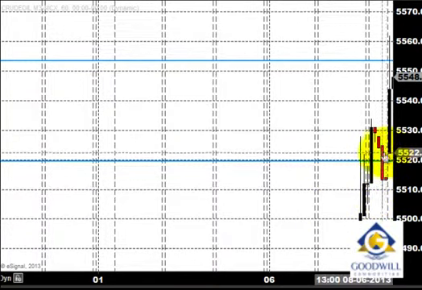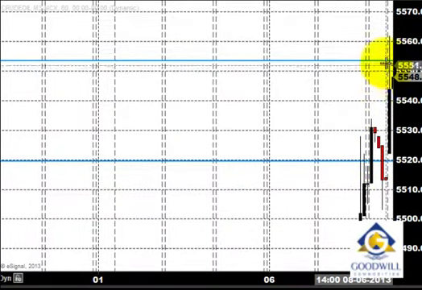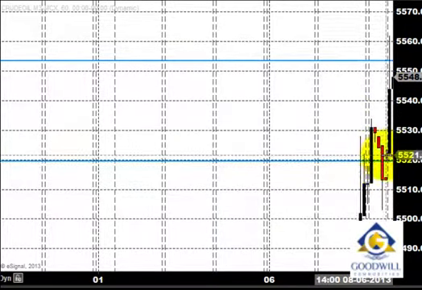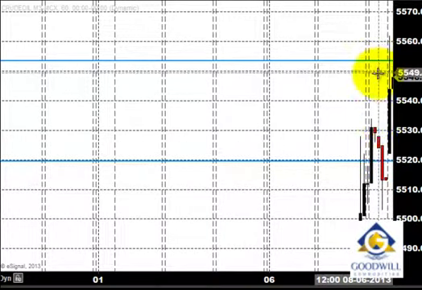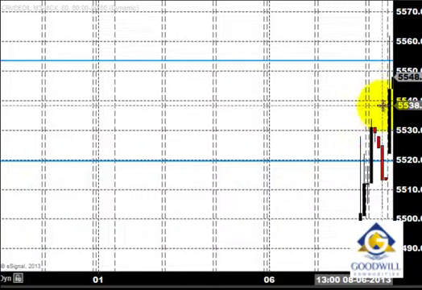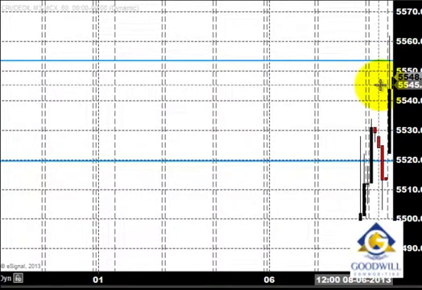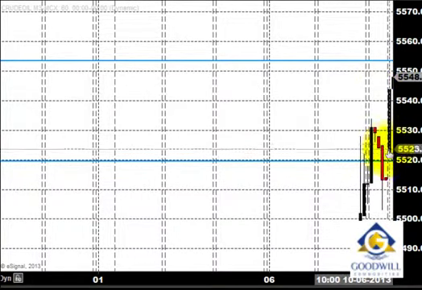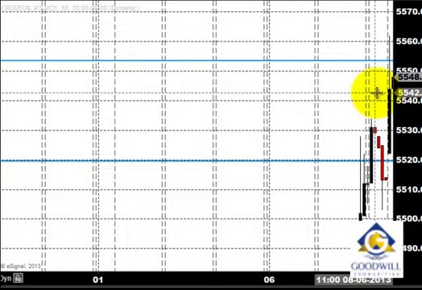You could see this long black colored spiked up candlestick. Why do we call this a spiked up candlestick? After the price opening, you would have seen the LTP trading somewhere around 5,540s or 50s. So from the price opening it just spikes up. That is called a spiked up price opening.